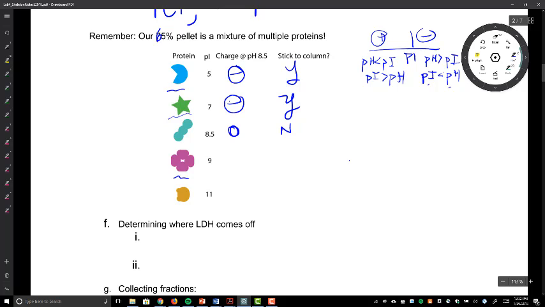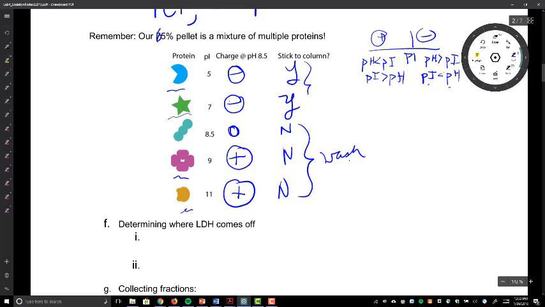The purple protein, the PI of 9, is greater than the pH of the buffer, so this protein will carry a positive charge. And the same goes for the little ear protein down here. Its PI of 11 is also greater than the pH of the solution. And so these two proteins also won't stick to the column. So it's likely that these three proteins at the bottom will come out in the wash, whereas these two proteins on top are going to come out in the salt.